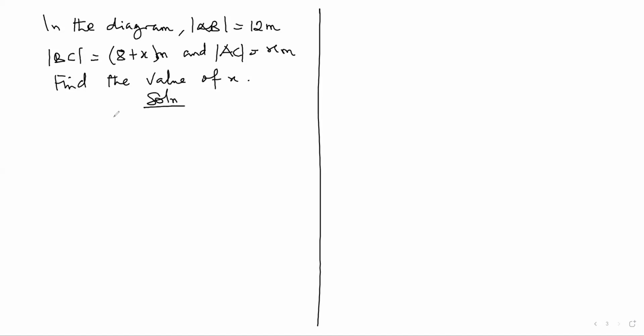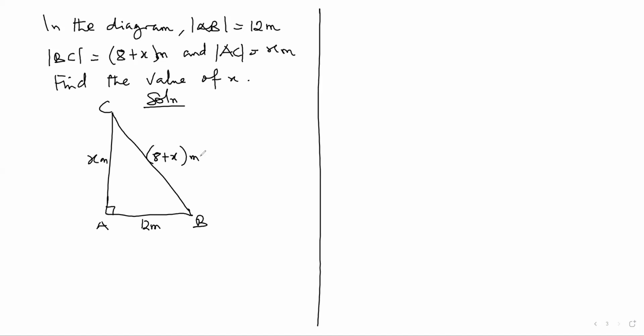So this is A, and we are told AB is 12, AC is x, then the hypotenuse is 8 plus x meters.